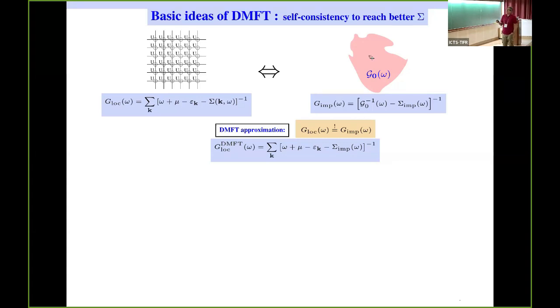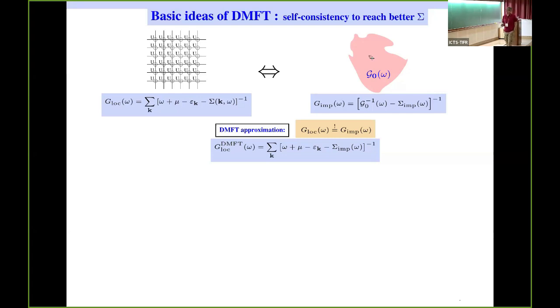Now, how can we do so? Now, the self-energy, of course, here is k-dependent, so it cannot be exactly the same here. But we can use it as a constraint, such that we, on the other hand, focus on the Green's function. Well, because the local Green's function of my lattice problem, when I sum over all k states, is of course reminiscent of my impurity Green's function in this impurity construction.